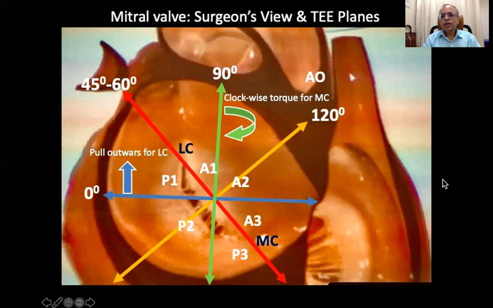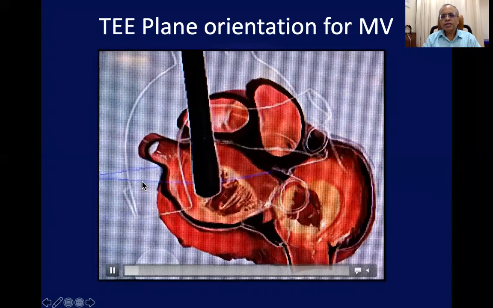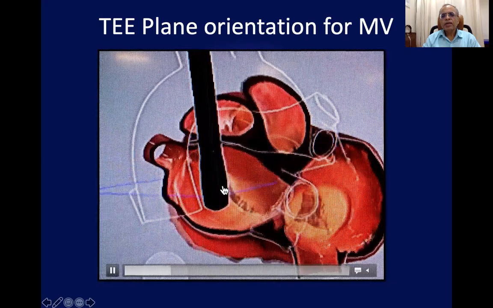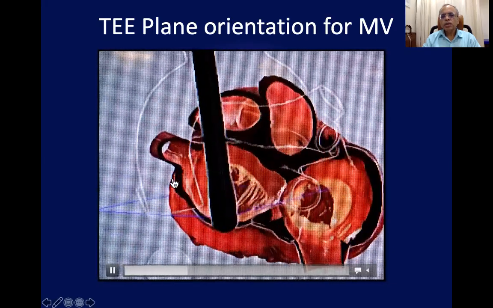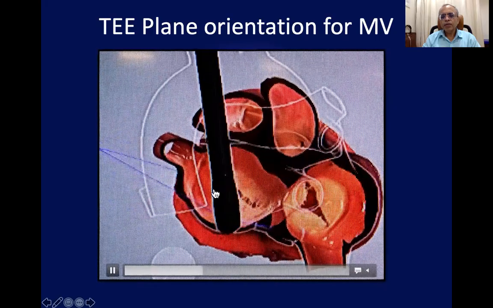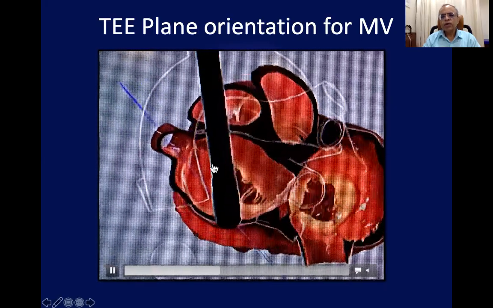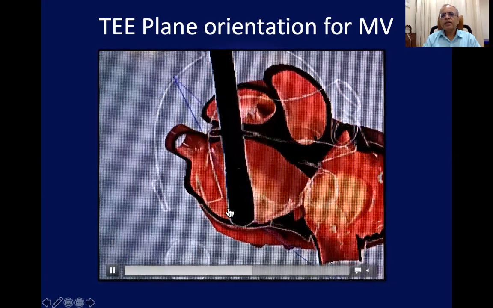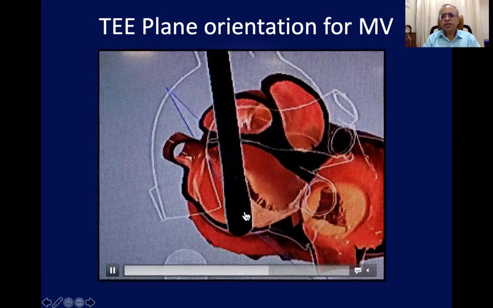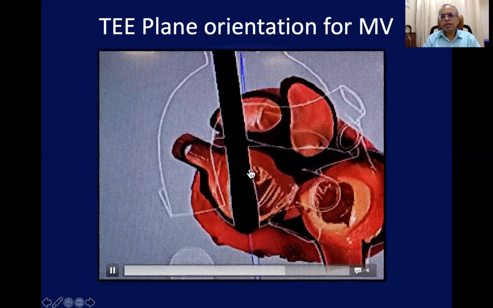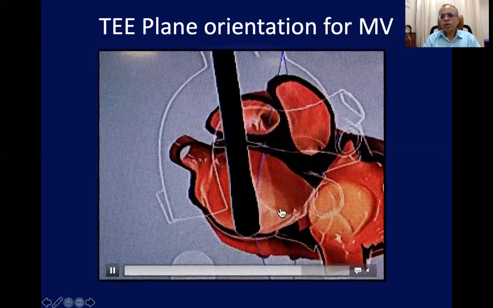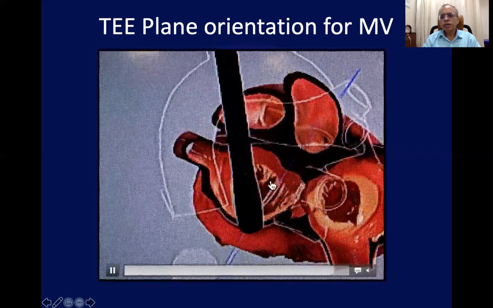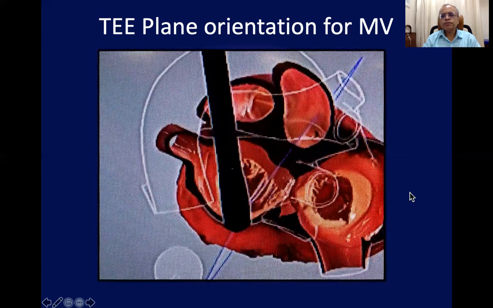One can look in a dynamic way also, where one can see the 0-degree plane cutting through the lateral commissure and then rotating to a 60-degree bicommissural view, to cut both the medial and lateral commissure, and then going to say 90 degrees, like this, and with a torque medially to look at the medial commissure, and then going all the way to 120 degrees to cut the A2 and P2.